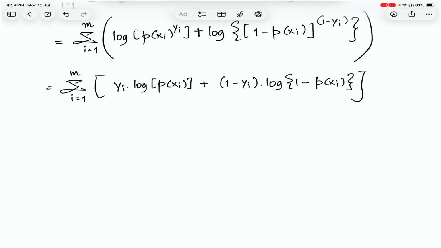I'll just plug it back here and here, which should give us summation i running from 1 through m, yi times log of 1 over 1 plus exponential negative z plus 1 minus yi times log of 1 minus 1 over 1 plus exponential negative z.